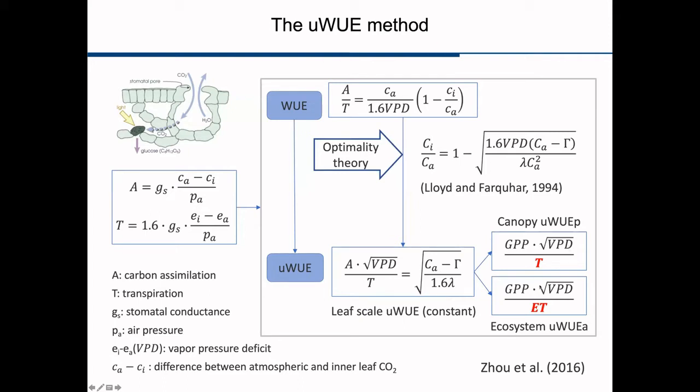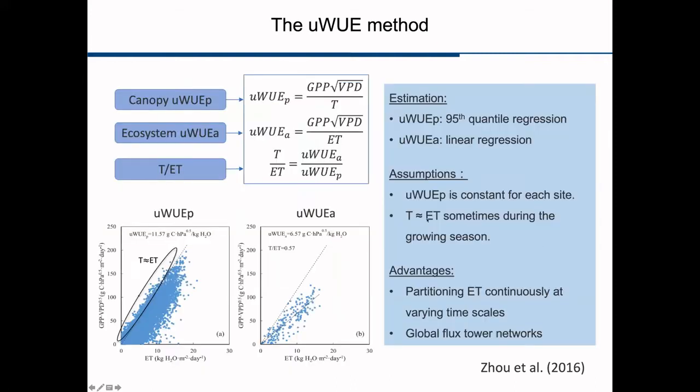Therefore, variations in the observed ecosystem uWUE can be attributed to the variation in ET relative to transpiration T. The transpiration ratio T over ET can be estimated as the ratio of ecosystem uWUE over canopy uWUEp. But how to obtain this canopy uWUEp?